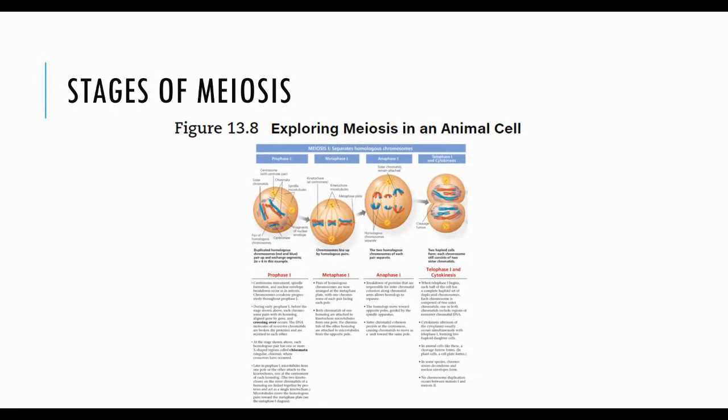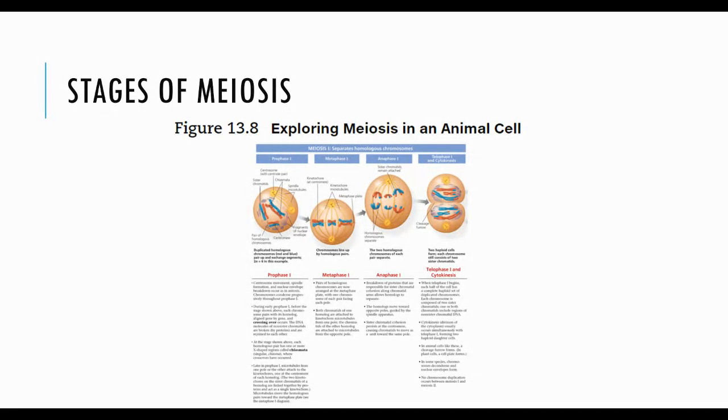What's going to happen is that our duplicated homologous chromosomes, here red is representing maternal and blue is representing paternal, are going to pair up to form a tetrad, and they go through a process called crossing over that we'll look at here in a bit. During crossing over they're going to exchange little pieces so that an individual chromosome is going to contain a combination of maternal and paternal genes instead of it being separate.